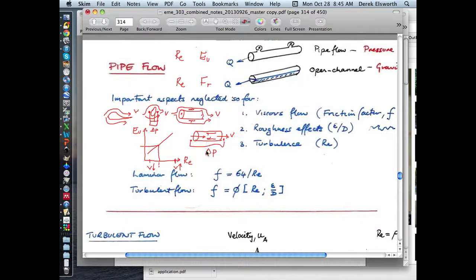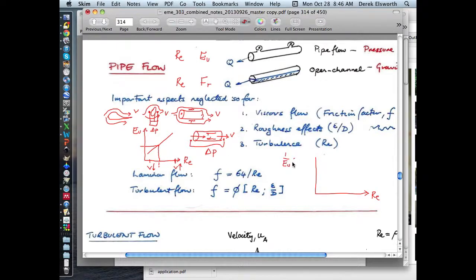So where we're going with this is that we will develop a view of looking at this, and we'll develop some expressions that, as a function of Reynolds number, say something like what the Euler number is, but it's actually almost the reciprocal of the Euler number.